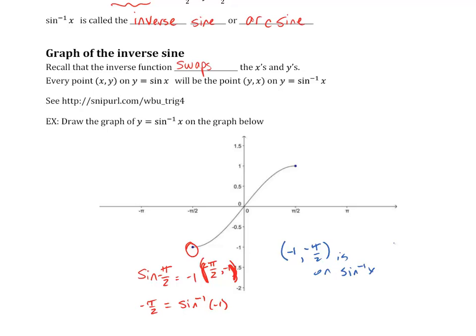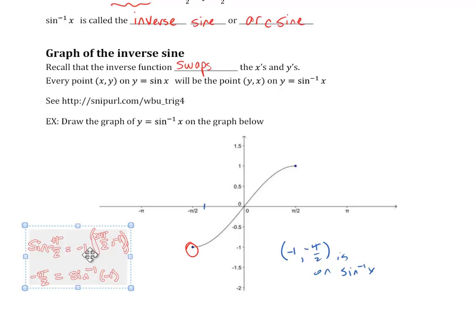Okay, so where is negative 1, negative pi over 2? Well, negative 1 is about here, and negative pi over 2 is like negative 1.7. So I've got some stuff in the way here. I tell you what, I'm going to be tricky with my tool, and let's just drag this over here.